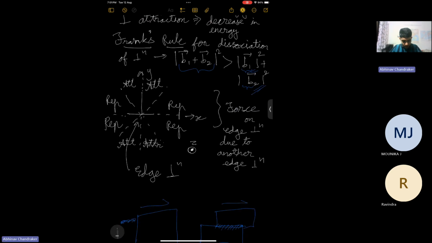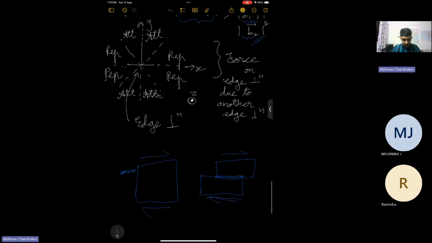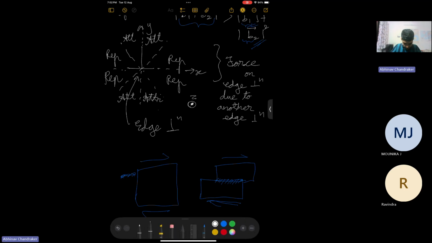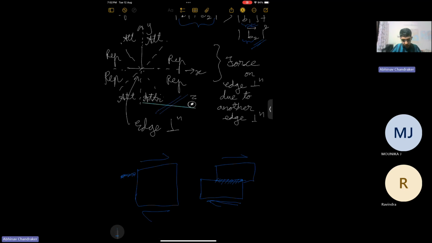If we do the computation of the stress due to one edge dislocation on another edge dislocation, we have something like this. Here I have drawn the effect of one edge dislocation on another one which is nearby. This is explained much better in a very neat diagram in the slides. I have just made a very rough copy of it.